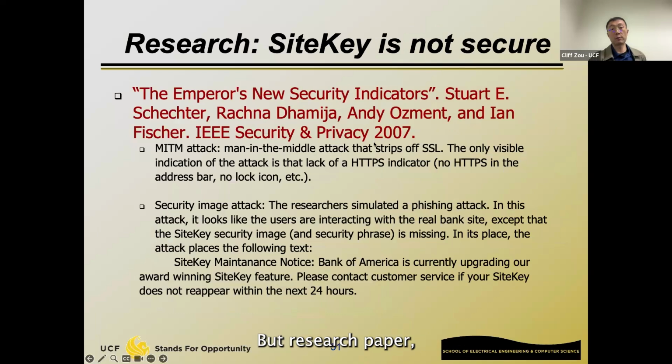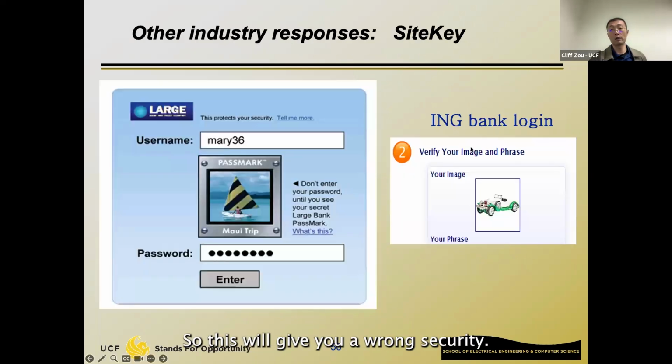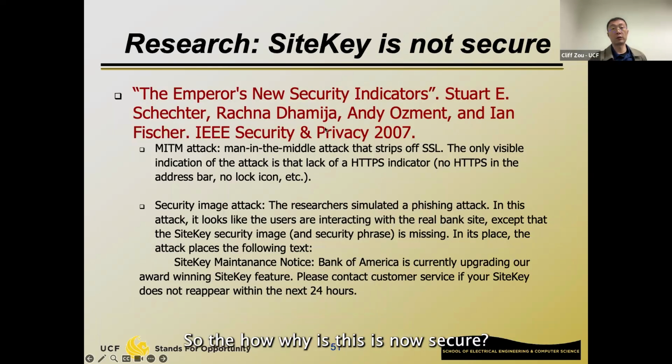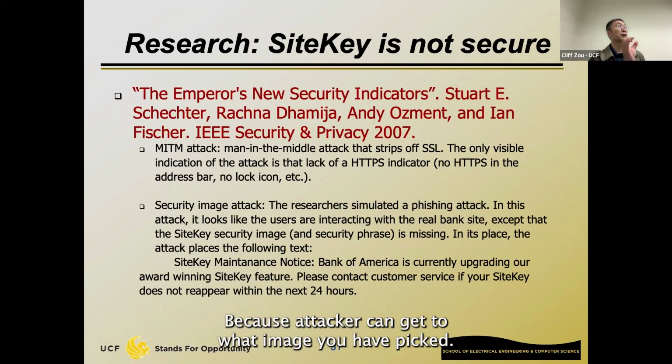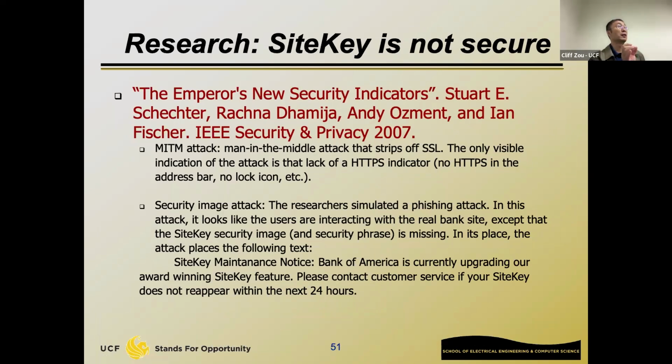But a well-known research paper in 2007 shows that this is actually an emperor's clothes, and it gives you a false sense of security. It's actually not secure. This paper showed why, because an attacker can get what image you have picked before they do the attack.